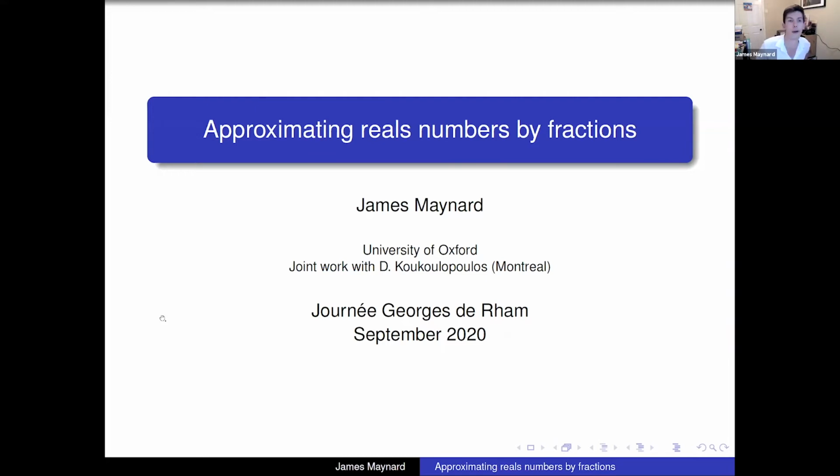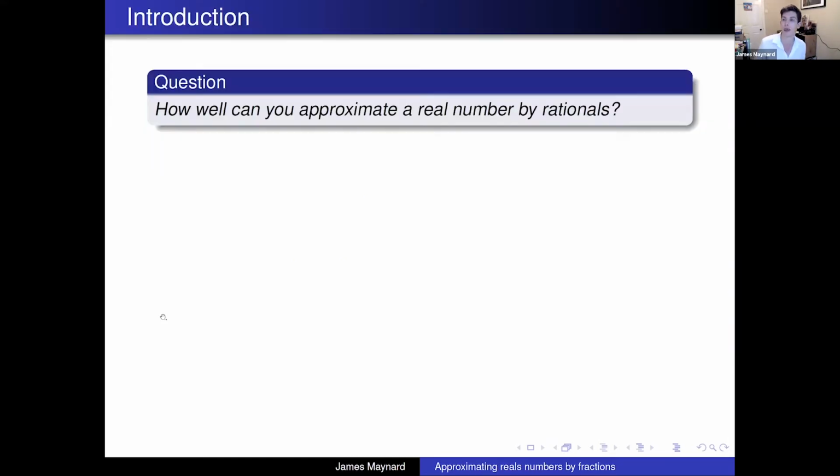So in my talk, I'd like to talk about approximating real numbers by fractions. And the basic question that I want to think about is, how well can you approximate a real number by rational numbers? It's a fairly simple feature that if you're considering any real number, you can approximate it by a rational with denominator q up to an error of 1 over q.